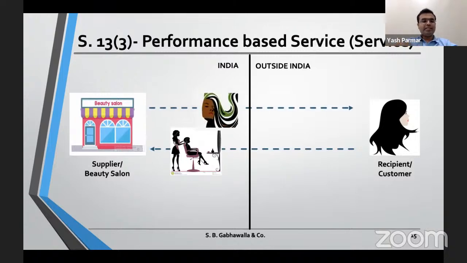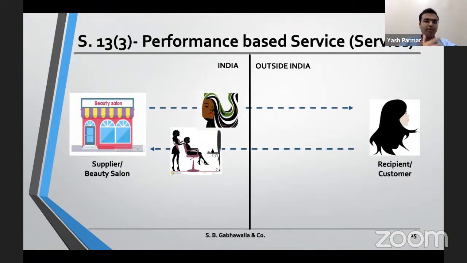Now in this case, though the beauty parlor services are provided by the salon to a customer who is actually a resident of a foreign country, because these services are performed in India, the customer had to actually physically come to India to avail the services.